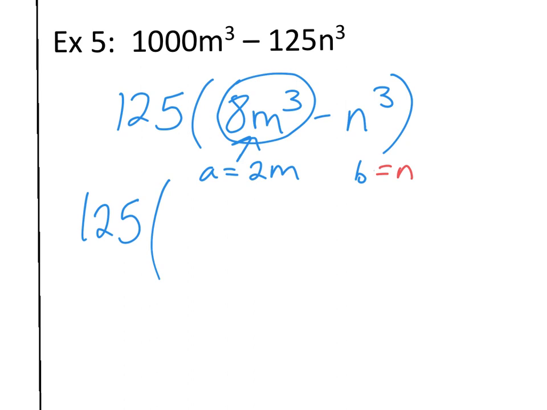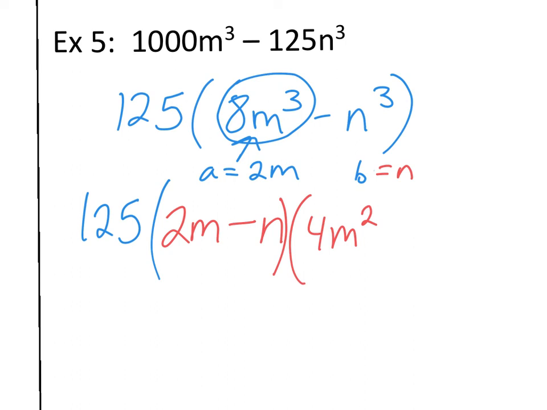So now, A is 2m. Just 2m. So we have 2m minus n, and then 4m squared, A squared. What's the middle term?